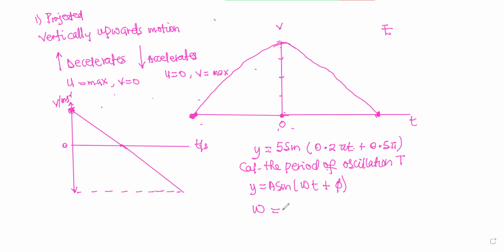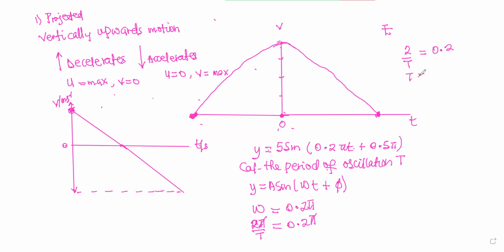Compare this with y is equal to A sine omega t. So let's see. Omega is equal to 0.2 pi. And omega is 2 pi over the period. So pi will cancel out, and we have 2 over T is equal to 0.2.